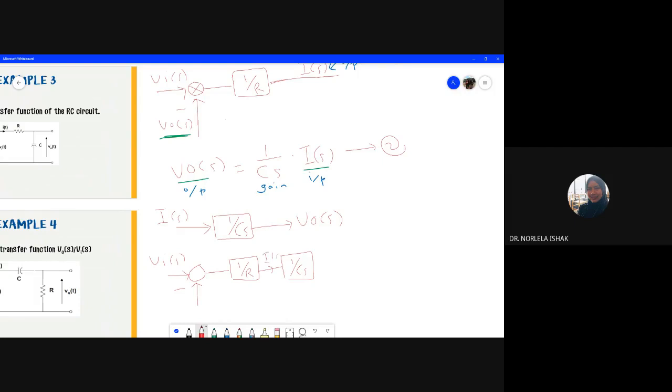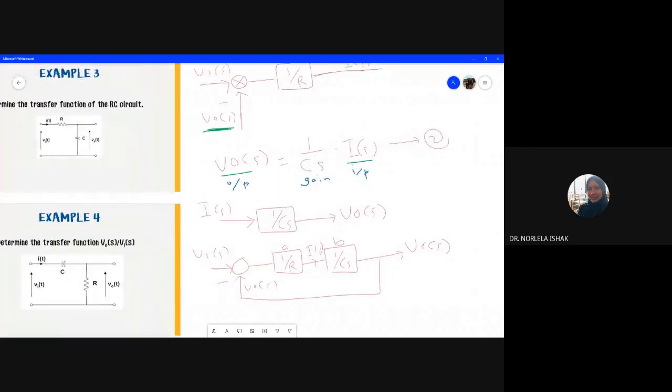Okay? Between block A and between block B, we have a current. Then output is the voltage. Okay, and here also voltage, right? And then we pick back here. So we can get overall block diagram. Okay, this is our overall block diagram.